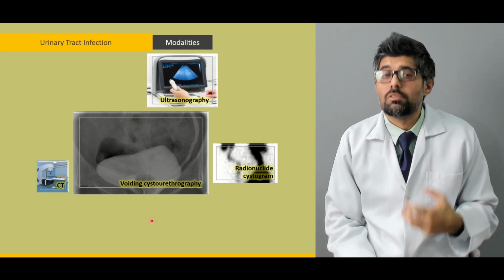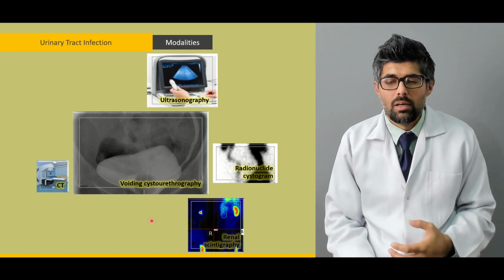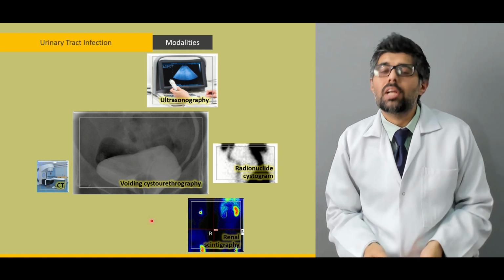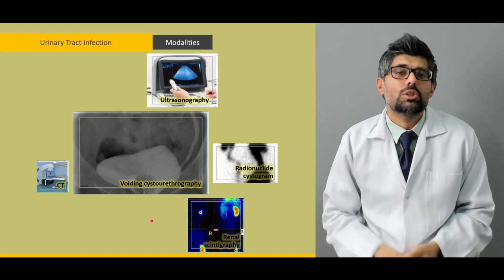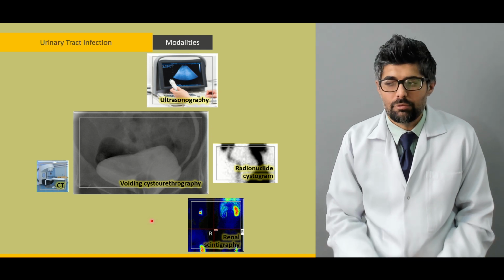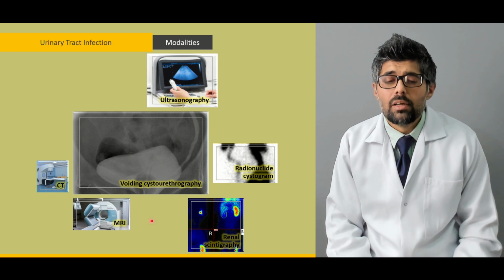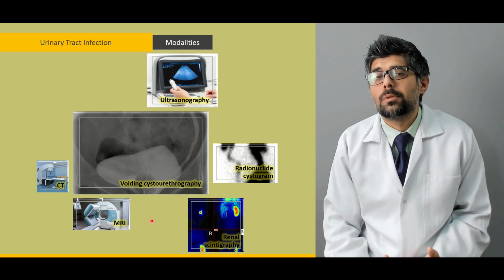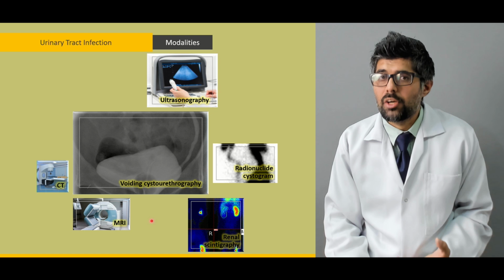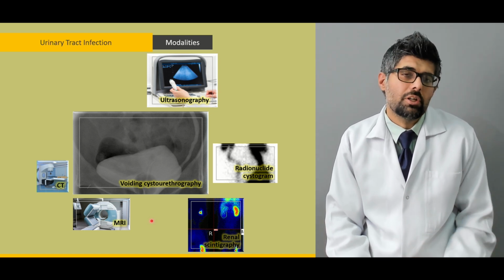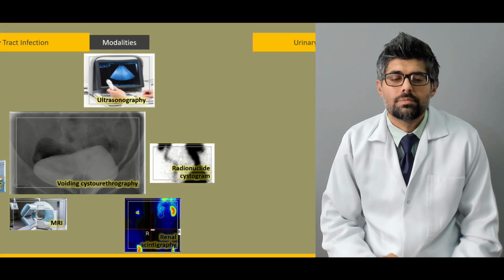We can even have CT scan and renal scintigraphy, but these are rarely used and only in very specific conditions. MRI, even though it has its purpose, is rarely used when encountering a patient with urinary tract infection.